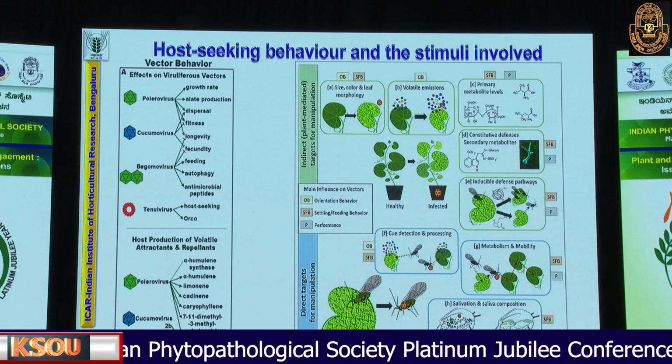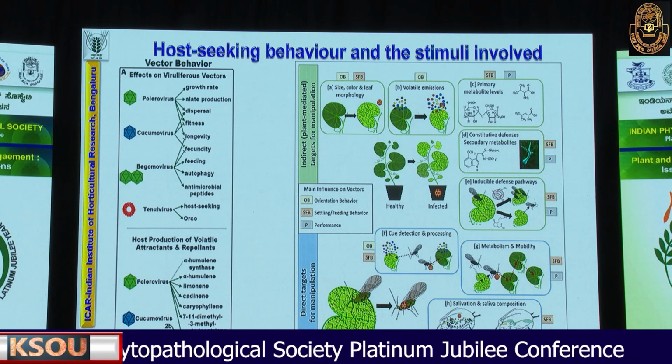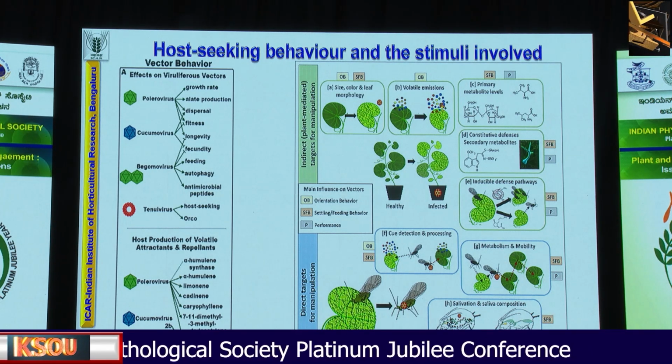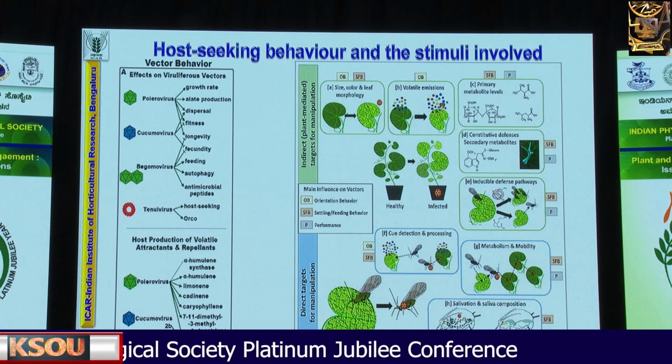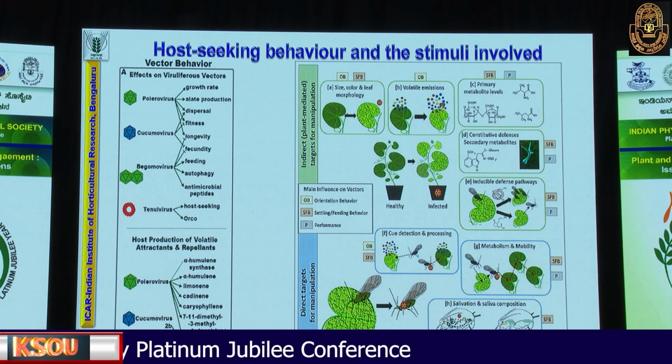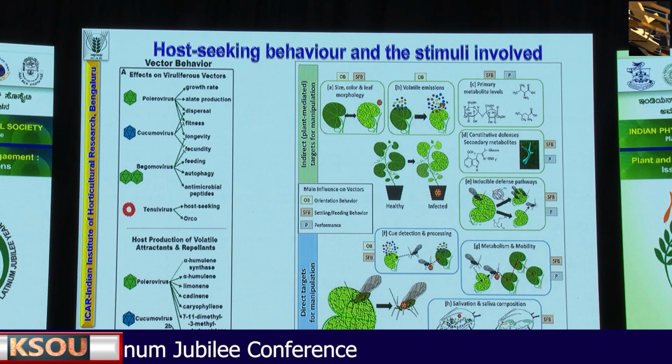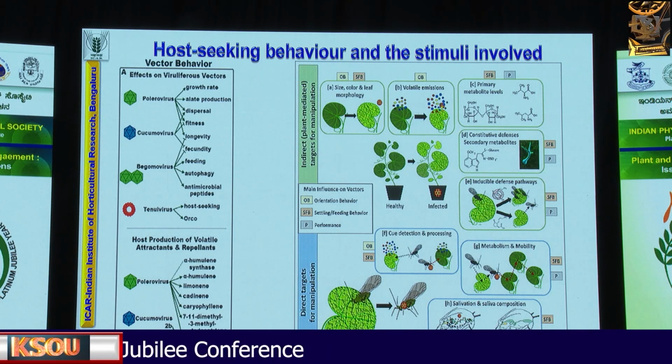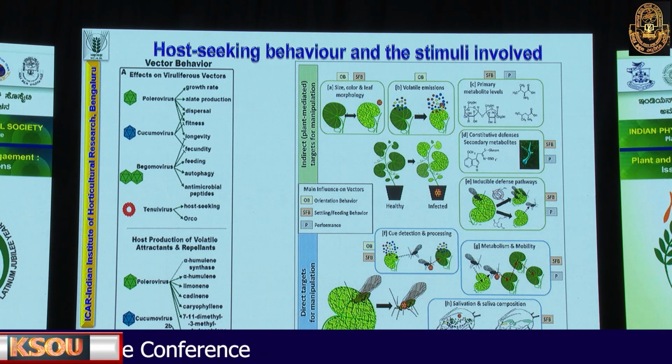Once they acquire the virus, the virus modifies the behavior of the aphids to attract them to the volatiles produced by healthy plants, so they feed on healthy plants but not on already infected plants. Once it acquires the virus, it doesn't go again to the infected plant. That is the mechanism.